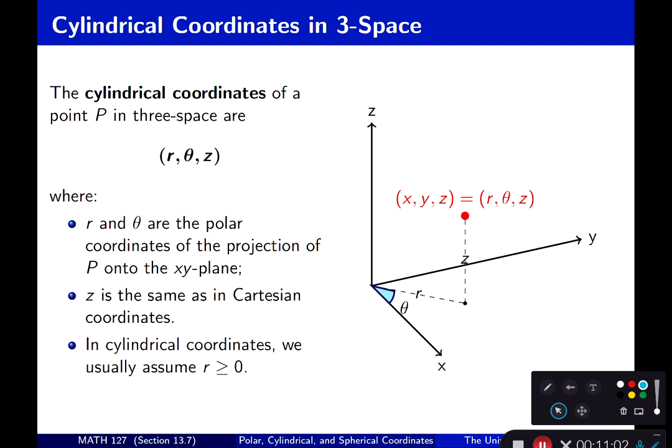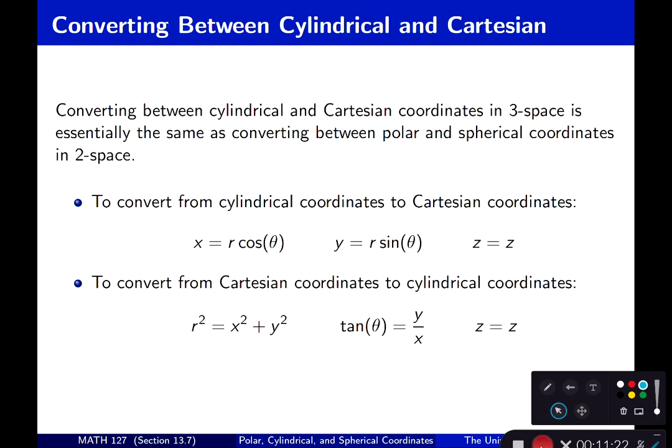Z is the same as in Cartesian coordinates. In cylindrical coordinates, we usually assume r is bigger than or equal to 0.